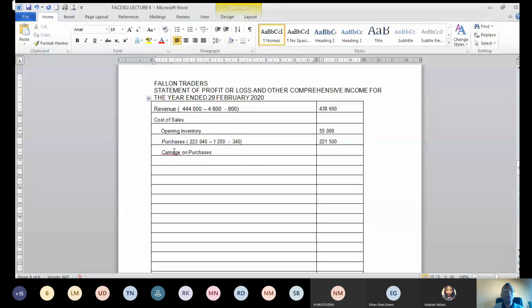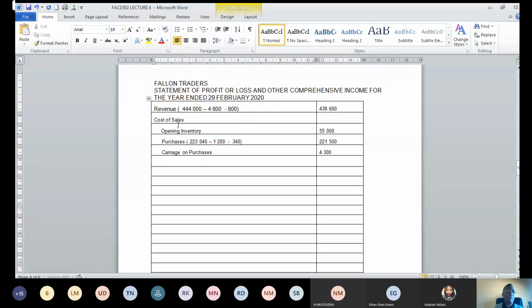Your carriage on purchases, as indicated in your trial balance, is the amount of 4,300 Rand. You bring into account now your closing inventory that must be subtracted. This is your closing inventory.